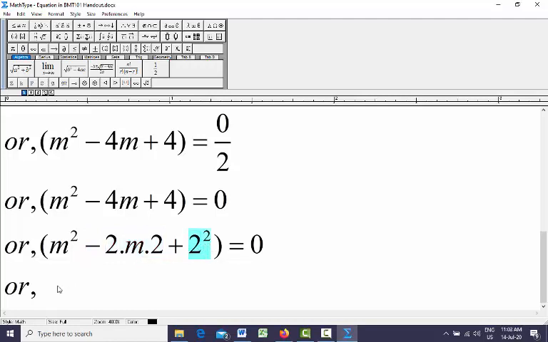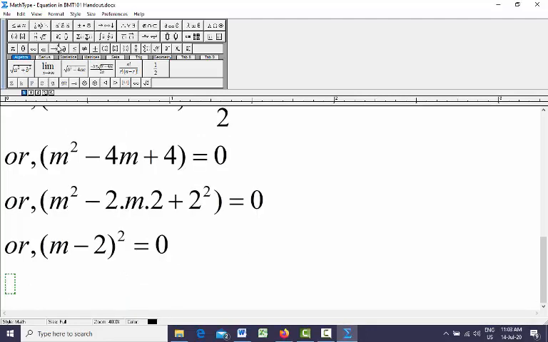So we can write it as m minus 2 whole square is equal to 0, right? So m minus 2 whole square is equal to 0. So we get m minus 2 is equal to 0, right?